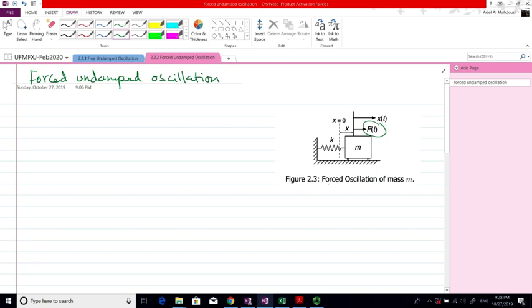Therefore, we need to derive its own equation of motion for this single degree of freedom. Of course, we are going to apply Newton's second law.